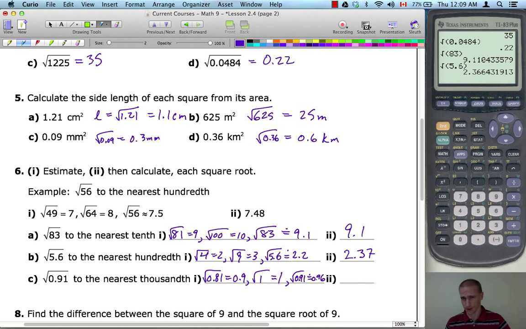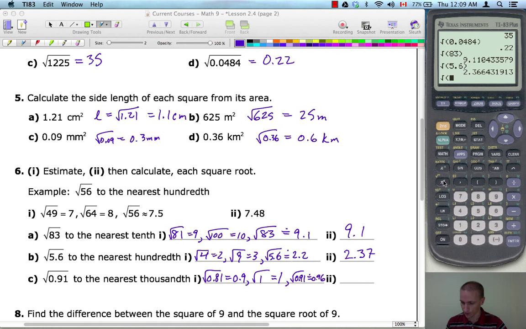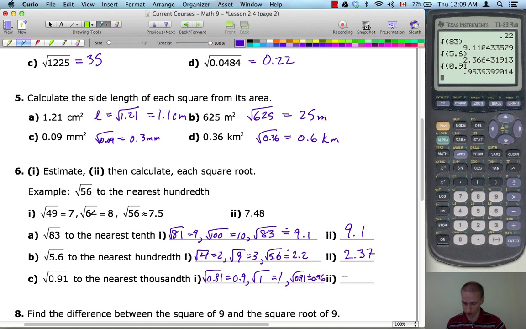Of course, if you're looking at this on your iPhone, you might not notice any difference. That's okay. Anyway, the square root of 0.91 is actually 0.954 when we round to the nearest thousandth, which is 3 decimal places.